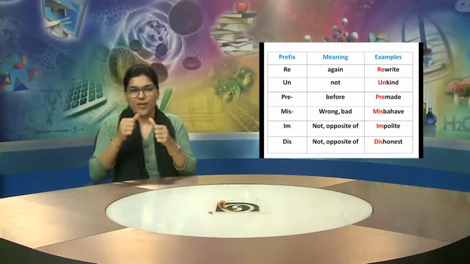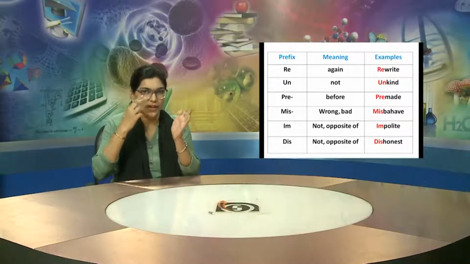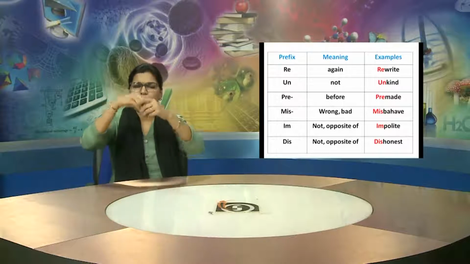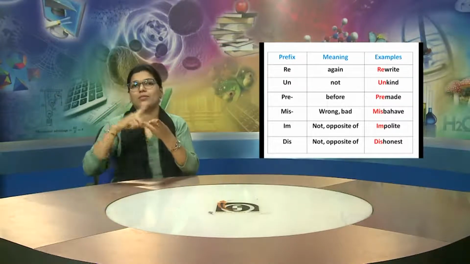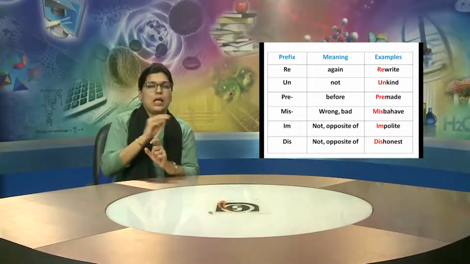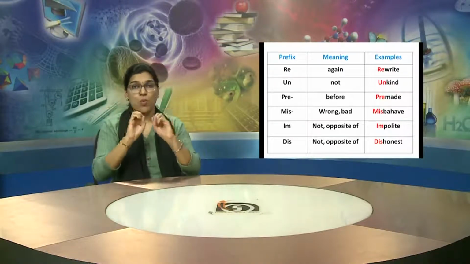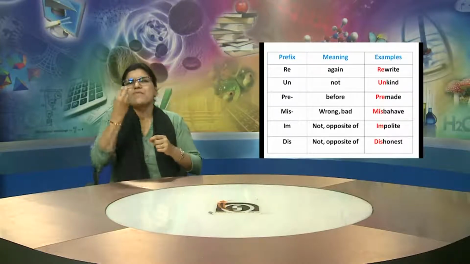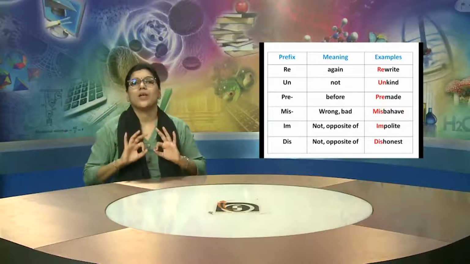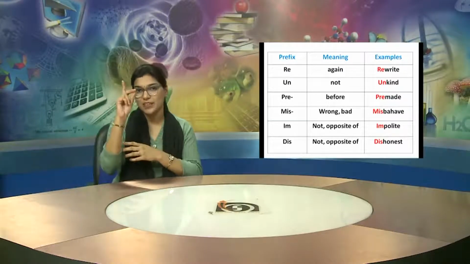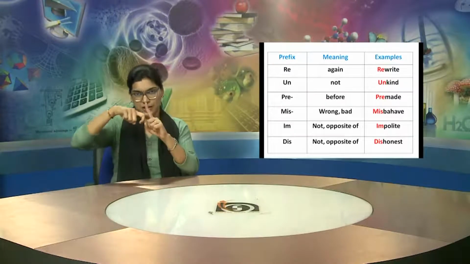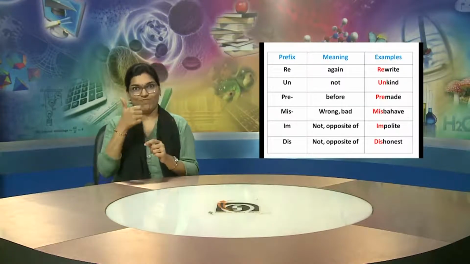You all have experienced in your notebook many times teacher write again. Instead of long sentences, we can use one word by adding prefix to it and use that word.